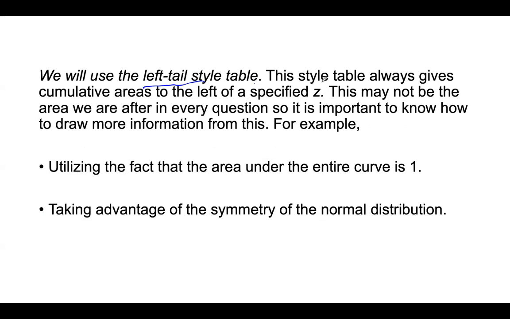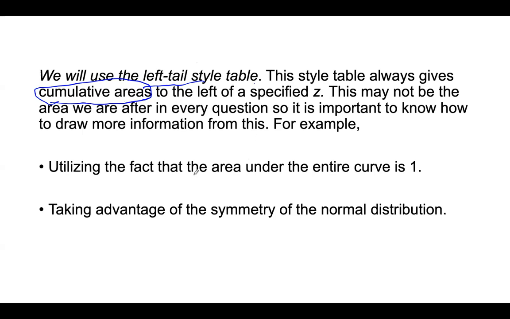Other distributions might use a right tail or a central tail, but this normal distribution uses the left tail. This style of table always gives the cumulative area, the total area to the left of a specified Z. This may not be the area we are after in every question, so it's important to know how to draw more information.